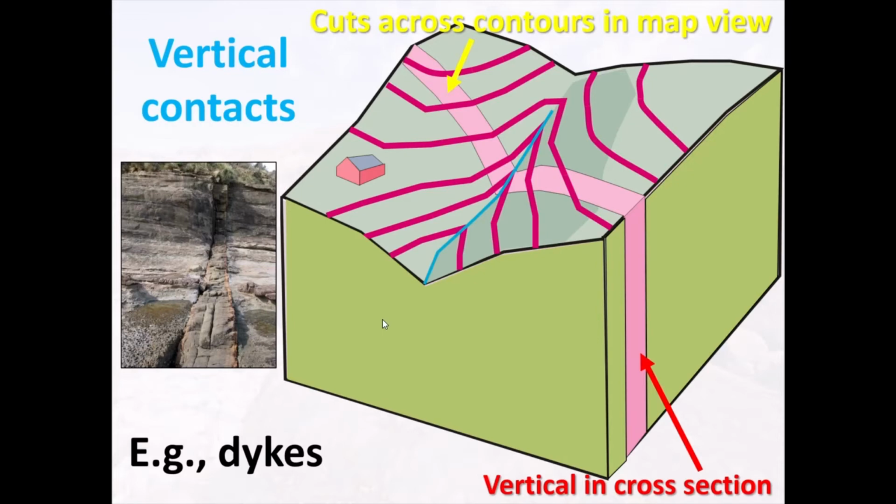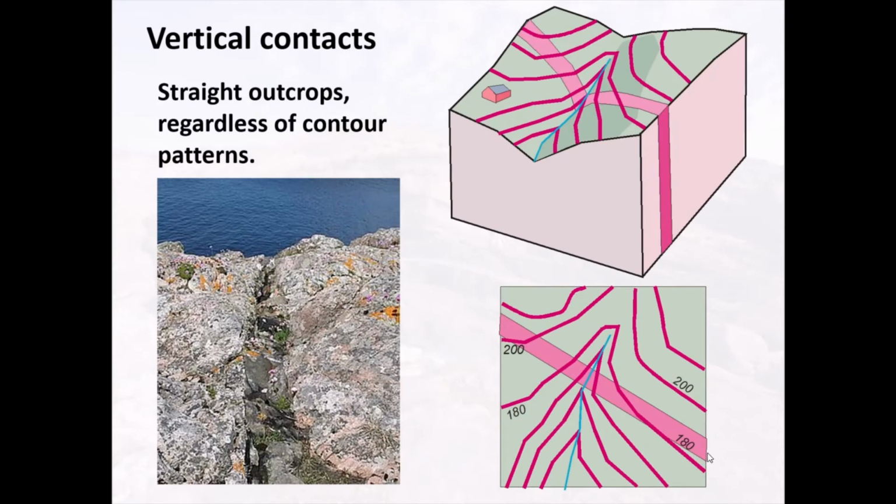And critically, when we look at this block diagram in map view, looking top down onto this, we can see that the outcrop pattern in map view isn't deflected. It carries on perfectly linearly. It doesn't bend. It doesn't interfere or interact with the contours. It just continues straight through, and it's this outcrop pattern which is the giveaway for vertically oriented geological features.